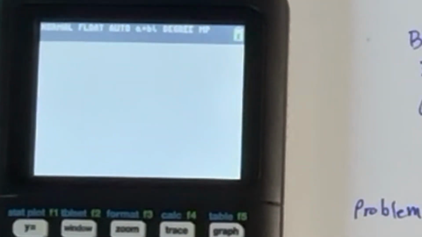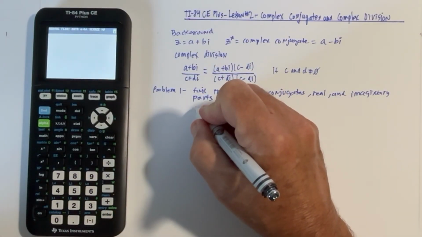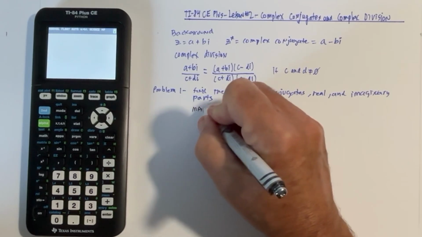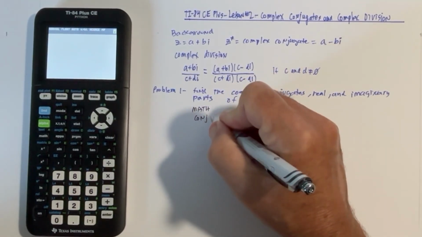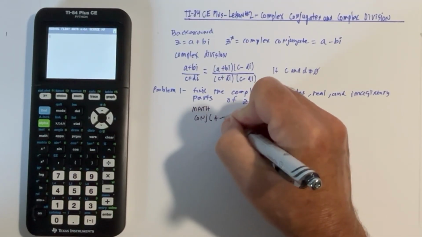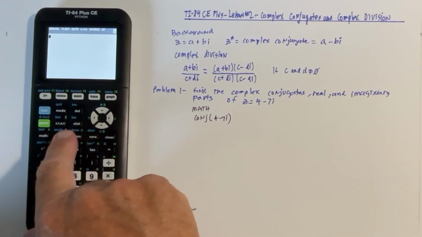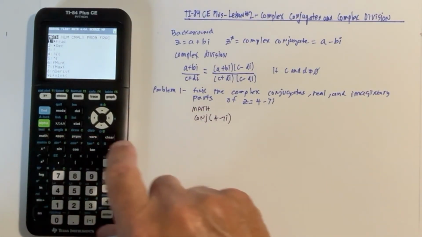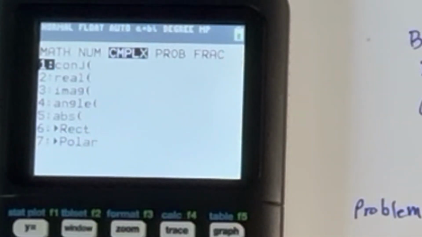Now to find the complex conjugate, we're going to get into the math function and have it do the calculation for us. We're going to do the conjugate of 4 - 7i. We hit the math function right here, and we arrow across to complex, and then we go down.